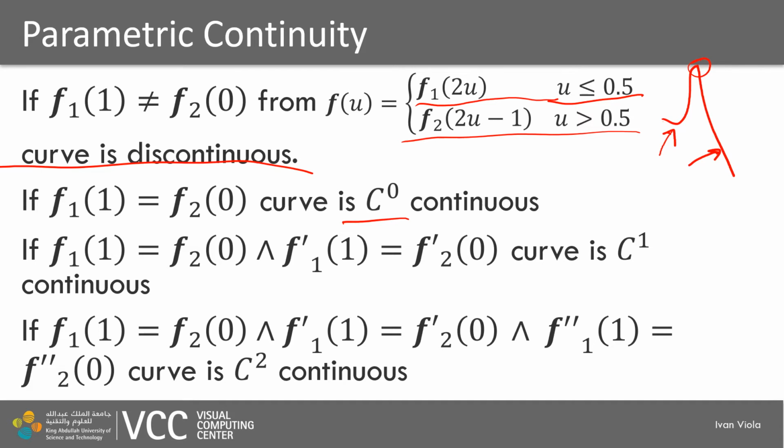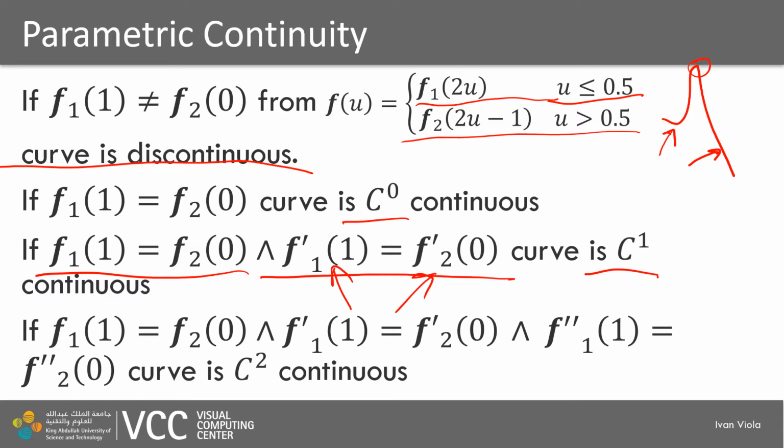If we, however, have continuity across the functional values at this point and at the same time the first order derivatives, so these two values are also equal, then we are talking about C1 continuity, meaning that the continuity is also in the first order derivative.